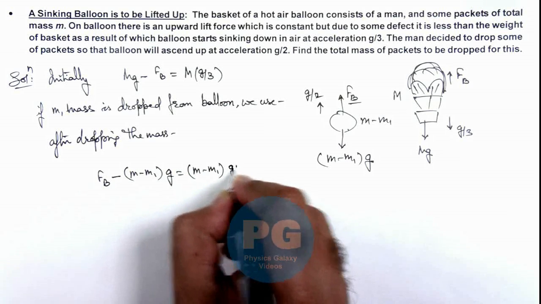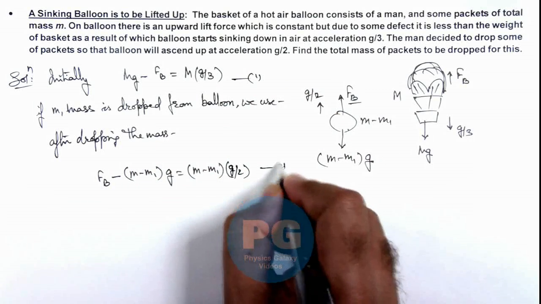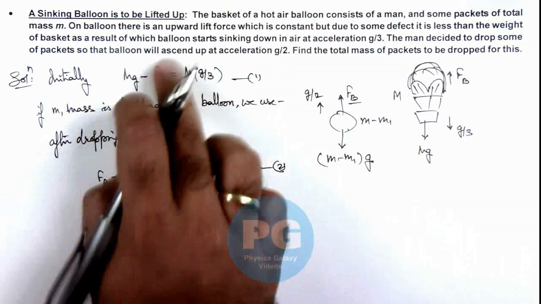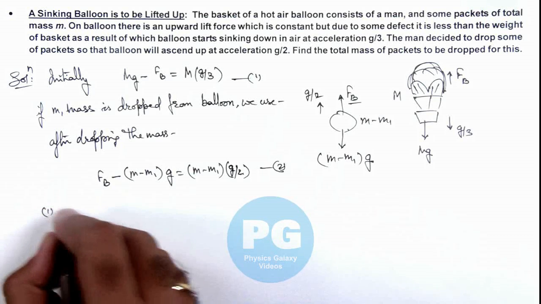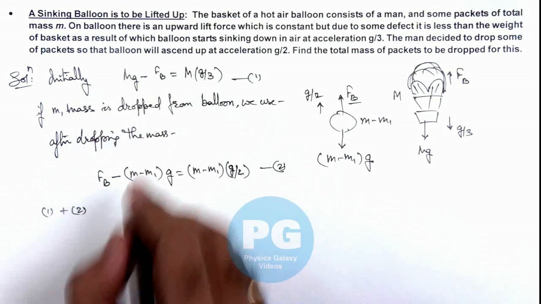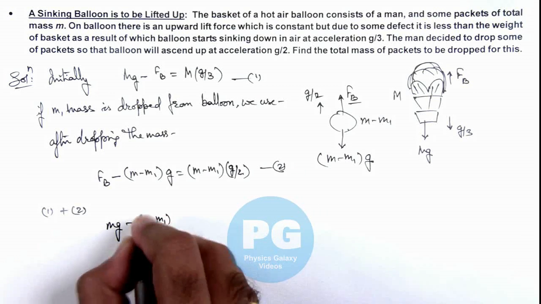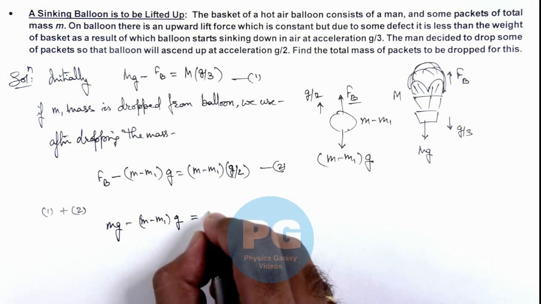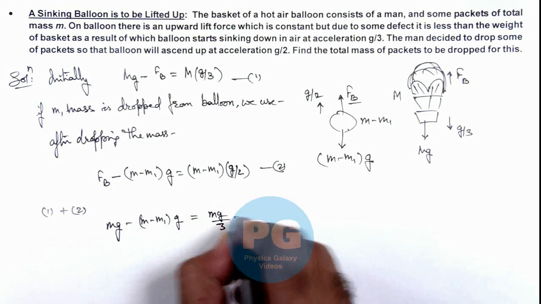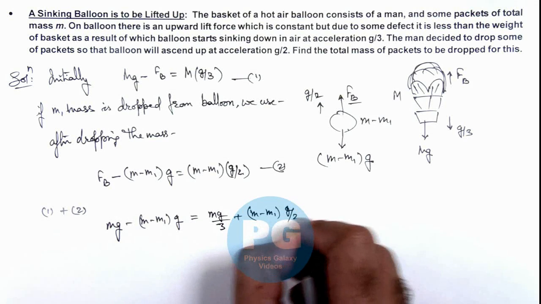Acceleration here is g/2. If we take this equation 1 and this equation 2, we can add these equations, so this Fb will be eliminated, and here we can write, if we add these equations 1 and 2, this will be mg minus (m minus m1)g is equal to mg/3 plus (m minus m1) times g/2.